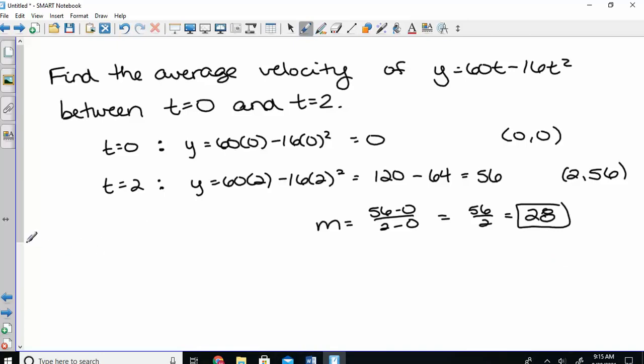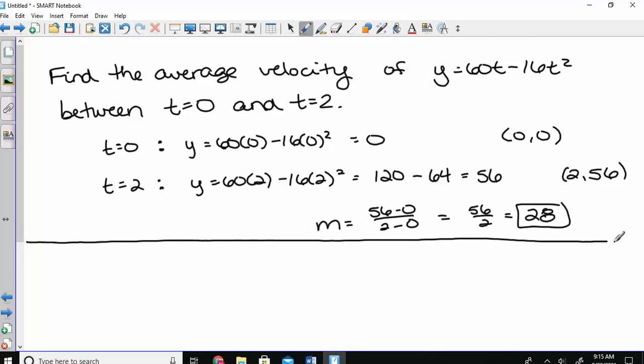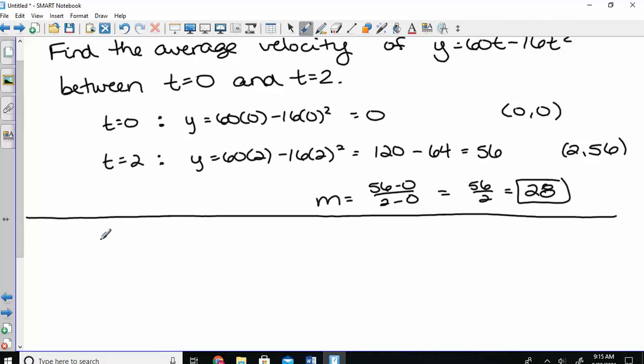Instantaneous velocity is when we had to create the tables. So what I would probably have to do on the quiz is give you the table, because if you don't have a calculator, I'm not going to make you plug in a lot of nasty stuff.